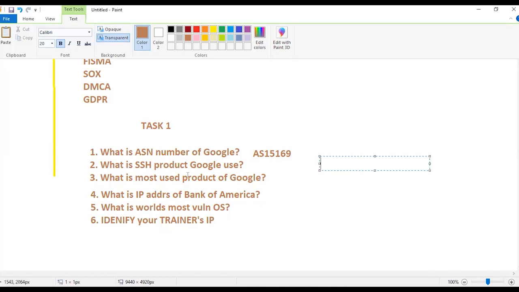What about the second question? Have you guys found the answer for the second question? Google doesn't use any product like an extension; within Google Cloud only, it can be used. Secure Shell, Google is using.